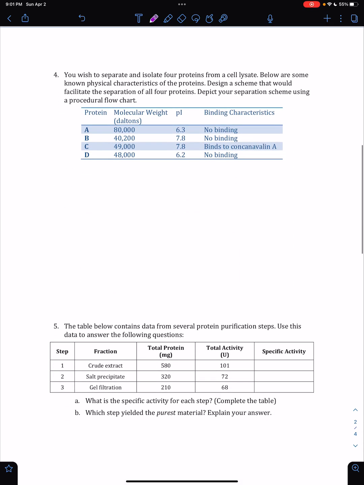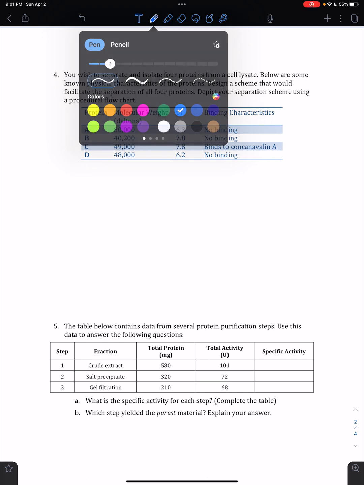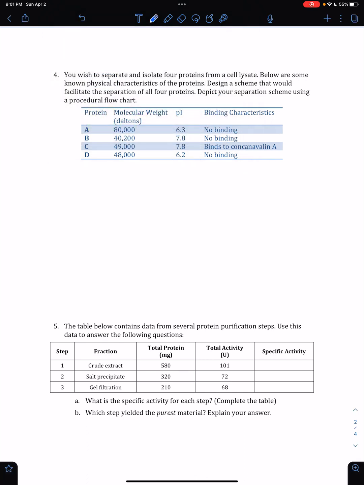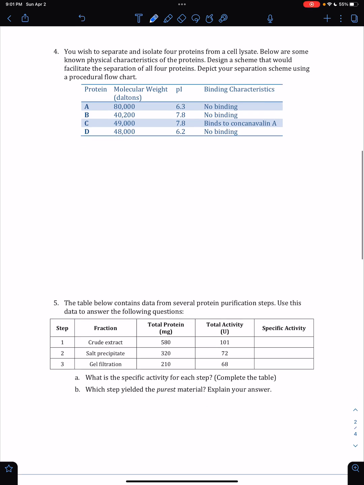All right, so the next question really has a lot of possible answers. I'll go through one of them so that you can see my thought process and my rationale for answering this question. Okay, so your goal is to separate and isolate 4 proteins from a cell lysate.